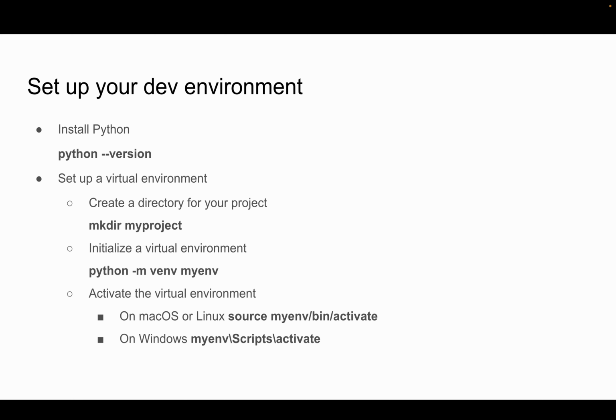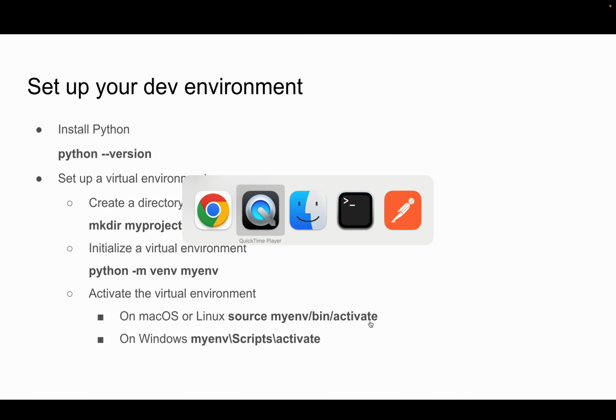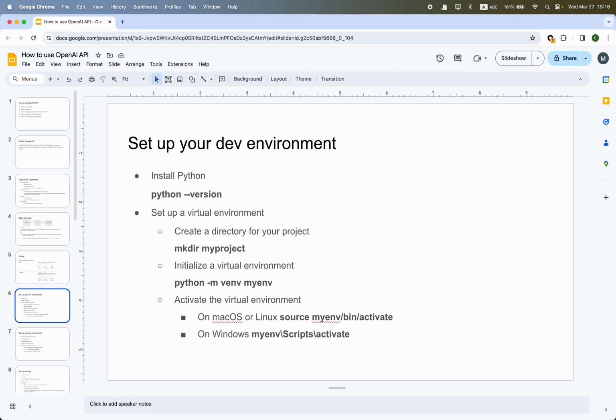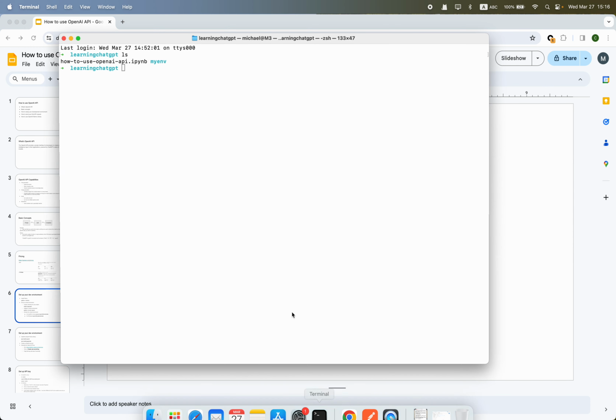Or if you are using Windows, you can download the installer from the Python website. After you install Python, you can check in your terminal by running python --version to check.